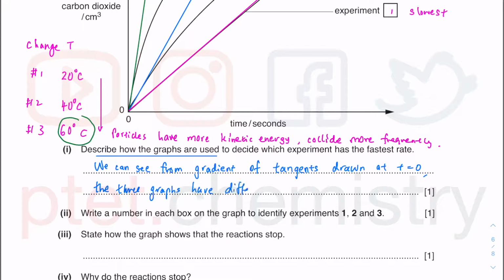They want to talk about the fastest rate. So the fastest rate will be the steepest gradient. Gradient is the key word here. Steepest is the superlative in English, S-T-E-E-P-E-S-T, steepest gradient. The gradient has the highest value. We're already done writing a number there, so that one is done.